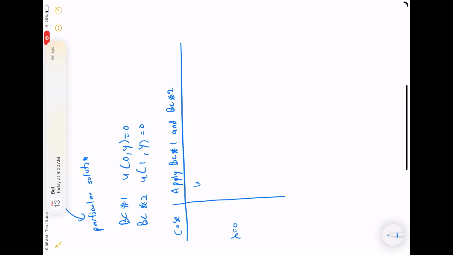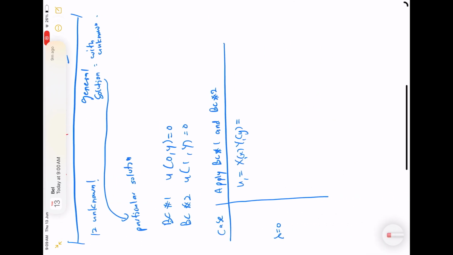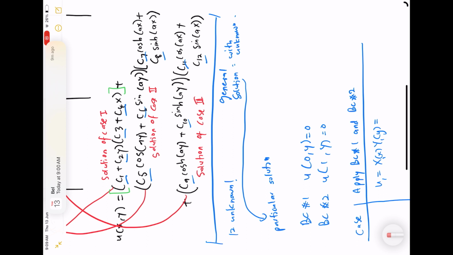You know that u sub 1, because it is case number 1, we put 1 here, of (x, y) is equal to the value in the green box here.